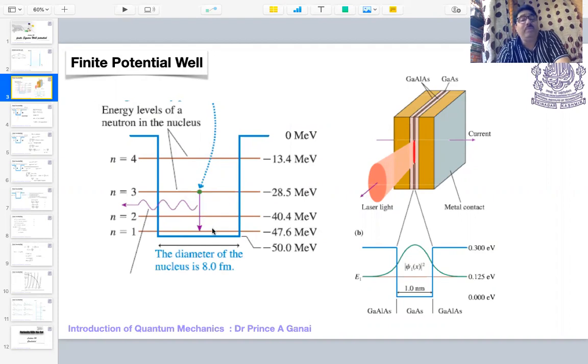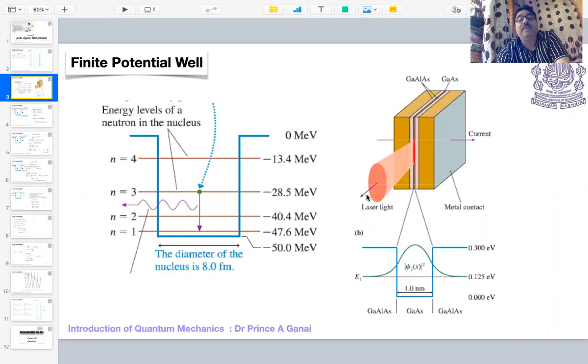This kind of problem has some interesting applications. Recently, the applications have come in what are called laser diodes. In a gallium arsenide light emitting laser, they engineer the width of the layer between the two substrates such that it forms a kind of finite potential well, with energy levels that can be controlled.